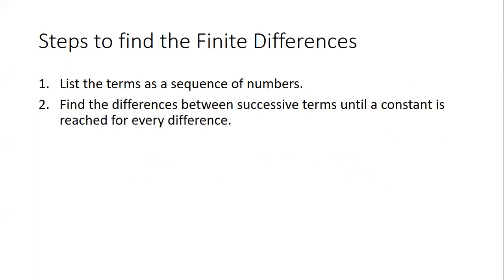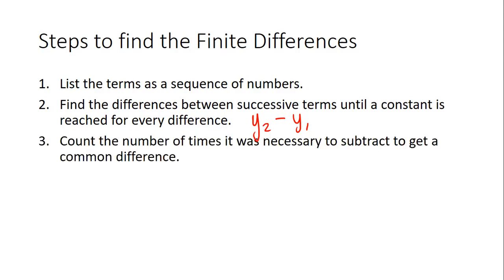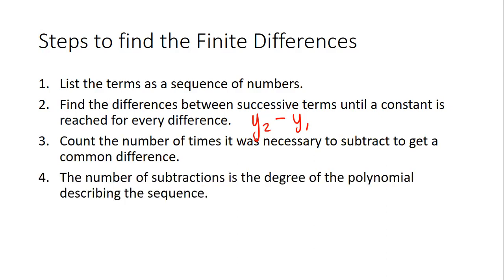Second, find the difference: your second y value minus your first y value. Then count the number of times it takes to get a common difference. That number is the degree of the polynomial.